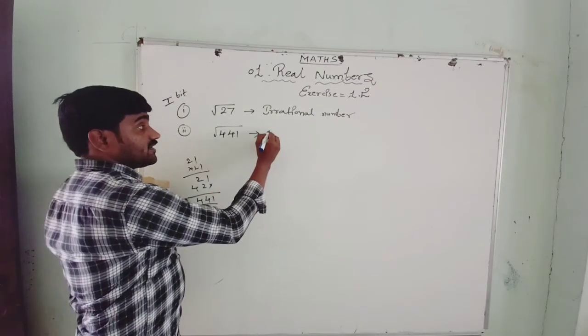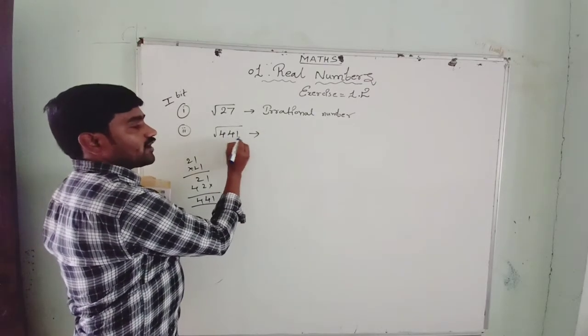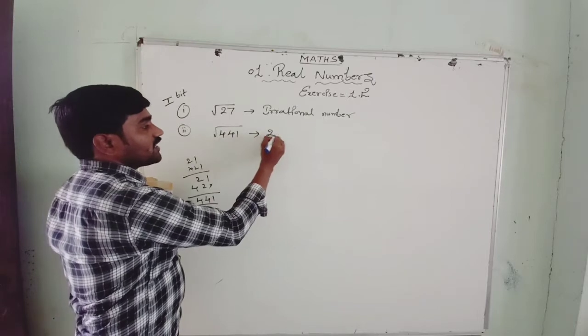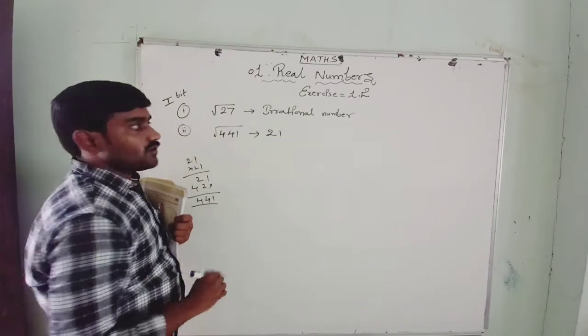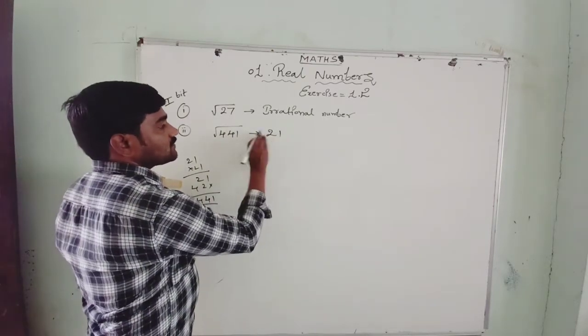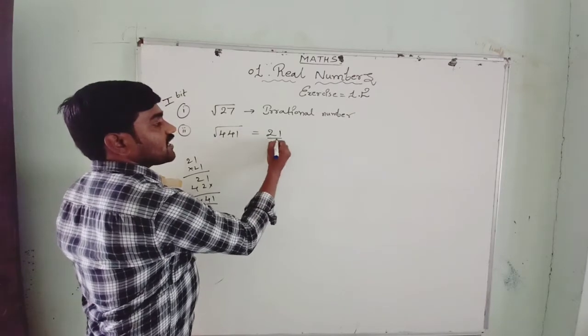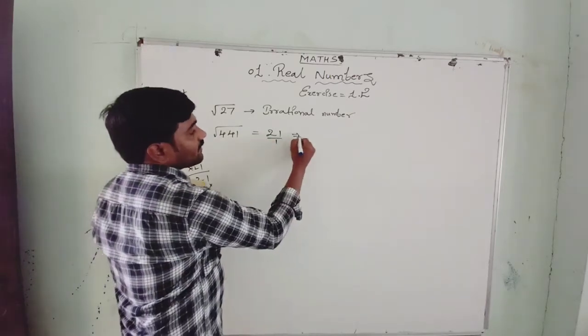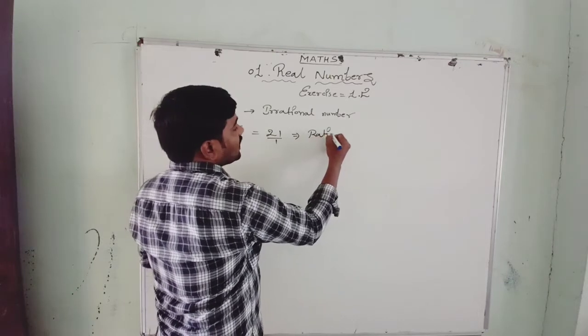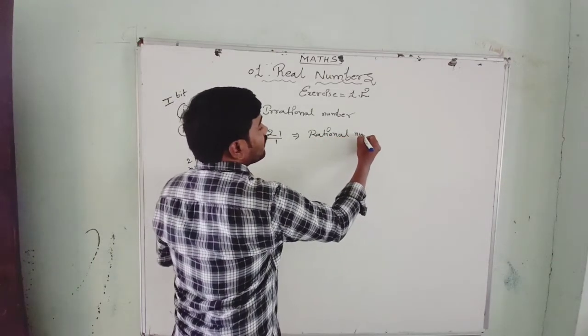That means it can be written as under root of 441. Square root of 441 can be written as 21. So 21 can be written as 21 by 1.